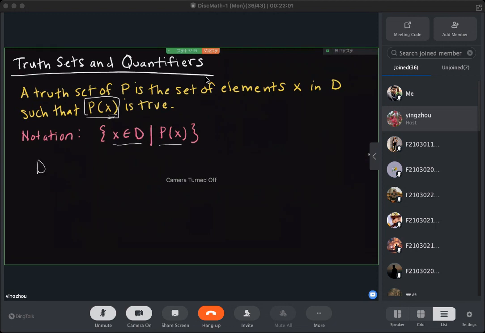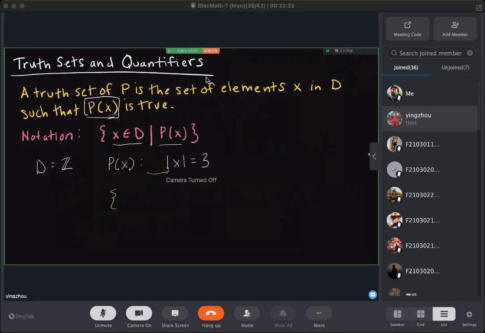So let's say the domain here is the integers, and let's say P of X represents the statement that the absolute value of X is equal to 3. Well, if that's the case, then the truth set would be the set of all values that I could put in here to make it true.